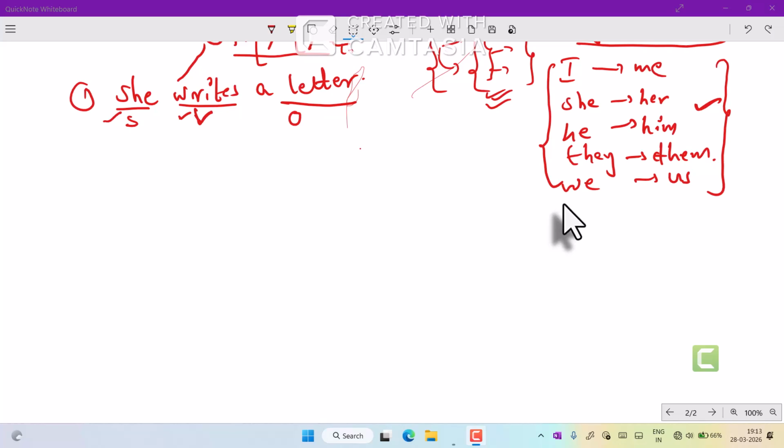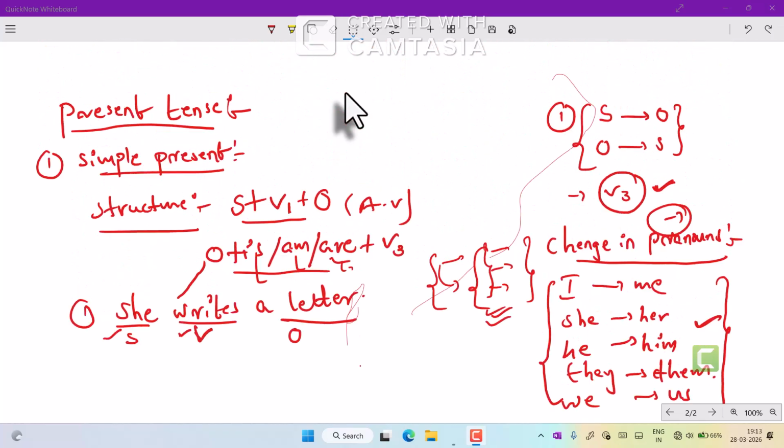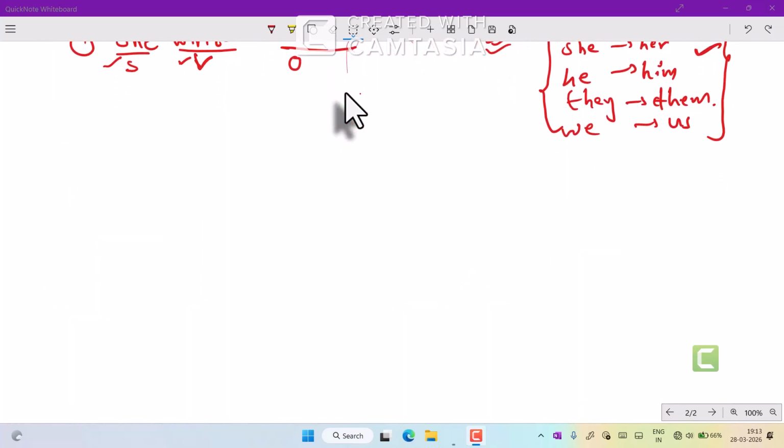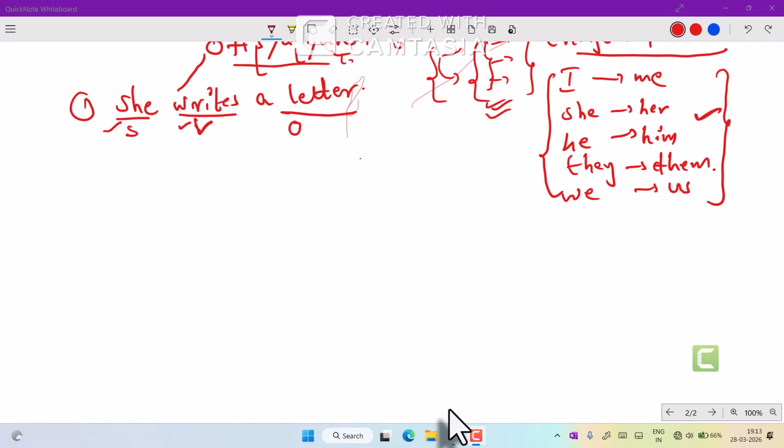So in this, now bring the object to the subject.